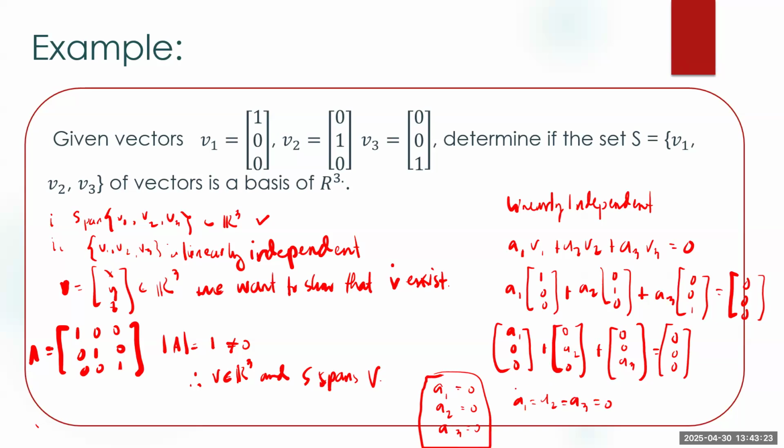It shows that the values of the coefficients A1, A2, A3 are equal to 0. Therefore, the vectors are linearly independent. So we have V1, V2, V3 linearly independent.